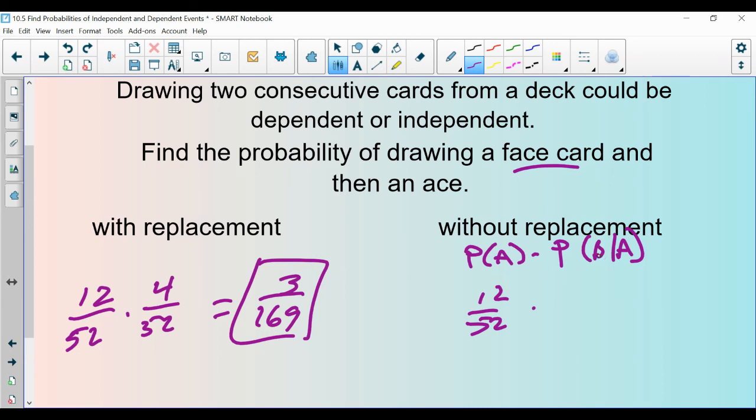Well, there are still 4 aces in the deck, and now there are only 51 cards. So you're doing 12 out of 52 times 4 out of 51. Turning that into a fraction, you're going to get 4 out of every 221 opportunities to get a face card and then an ace.